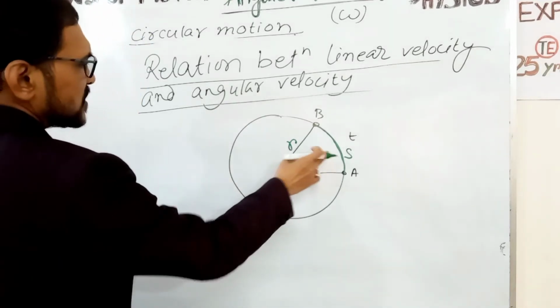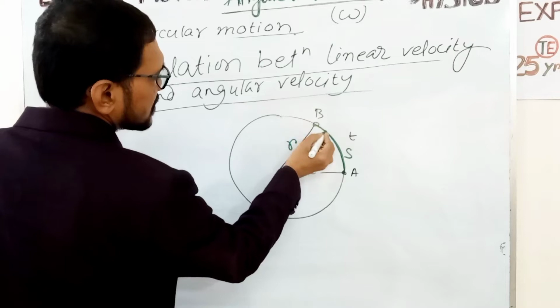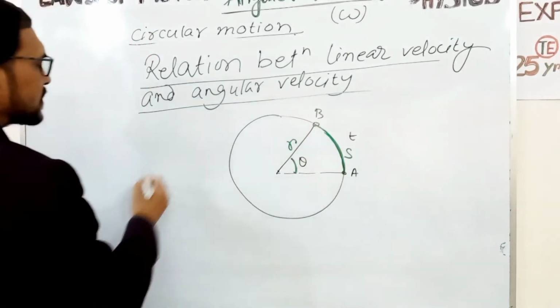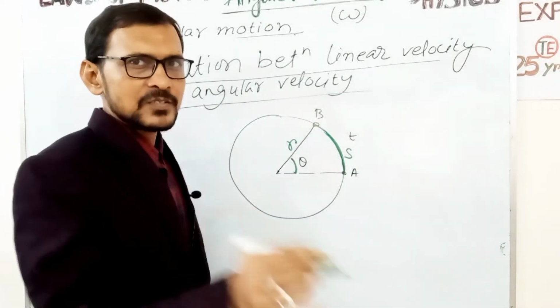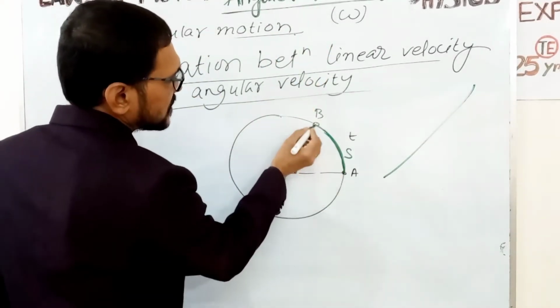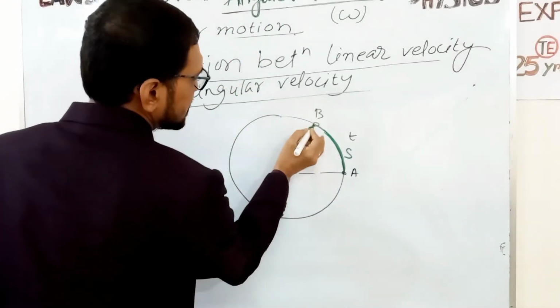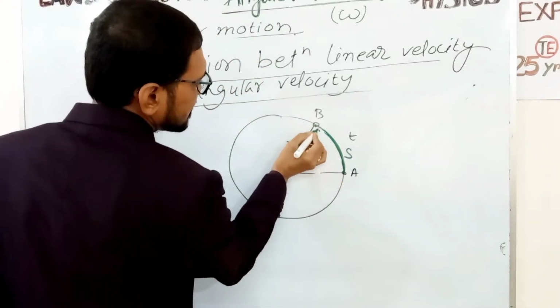Many teachers make the mistake of saying that this is the displacement. It is not, because displacement is not a curved path. You know that displacement is always a straight line, from the initial position to the final position, the shortest distance. So the displacement is the straight line from A to B, that is this.